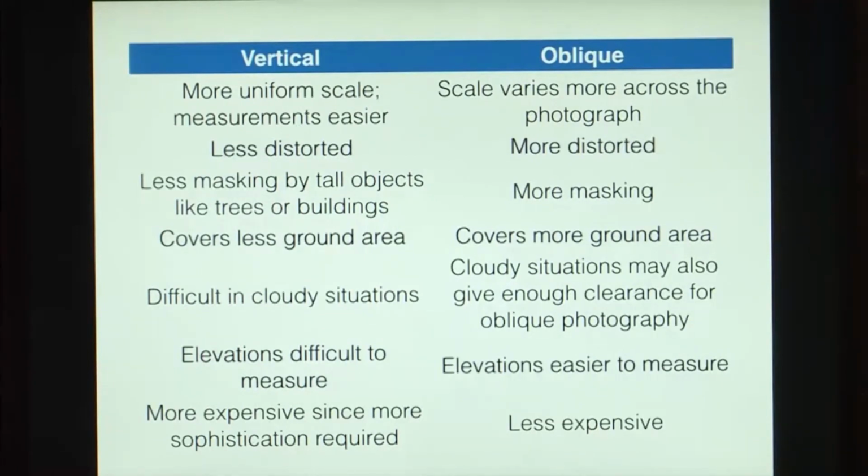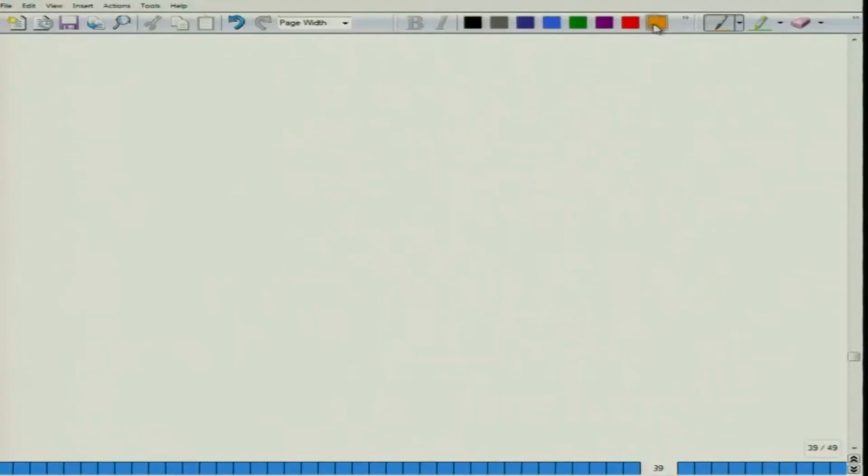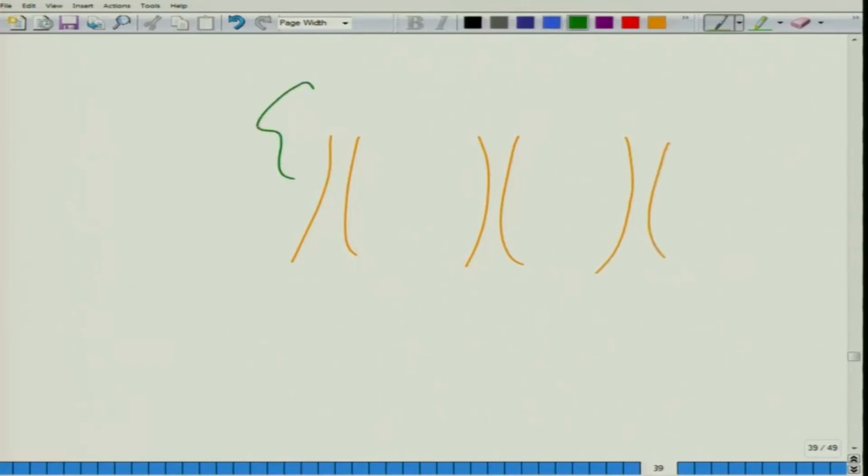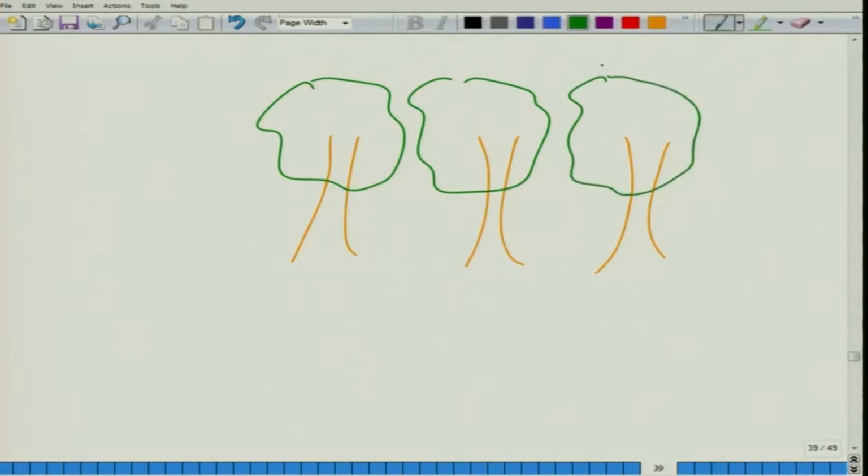If we took the picture of a forest, in the case of a true vertical photograph, your plane is parallel to the earth's surface.